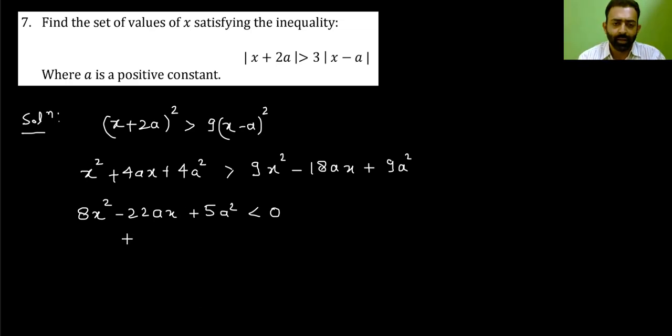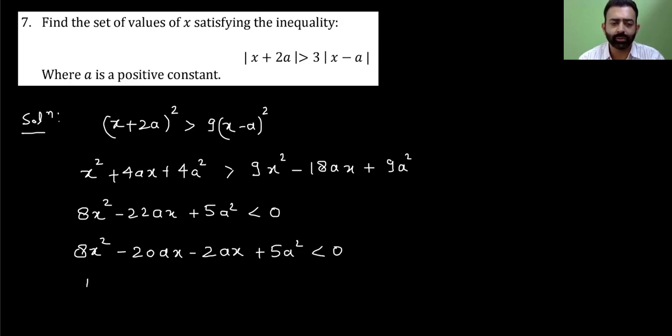Fine. Now 8 into 5 is 40 and 20 into 2 is again 40. So I will use 20 and 2 as the factors. So 8x square minus 20ax minus 2ax plus 5a square is less than 0.